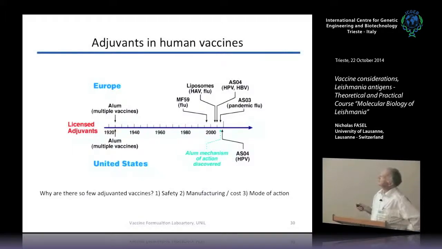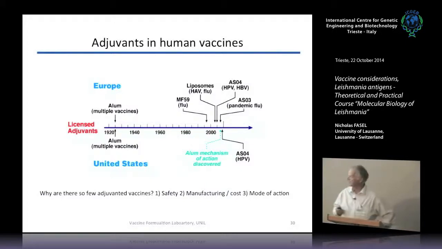So licensed adjuvants in humans: MF59, liposomes, then AS04, AS03, and that's mainly due, for example, to pandemic flu, where people are trying to lower the dose and increase immunogenicity. I think it's also interesting that the mechanism of alum was described only in 2007 or 2008. I don't remember exactly.